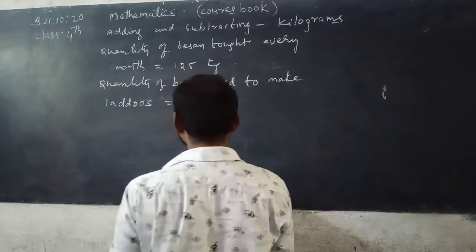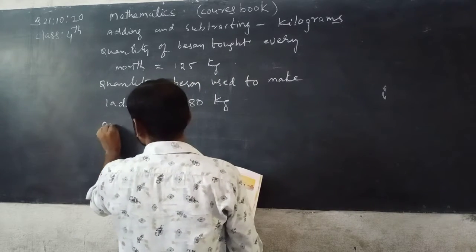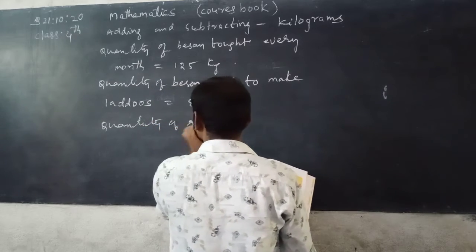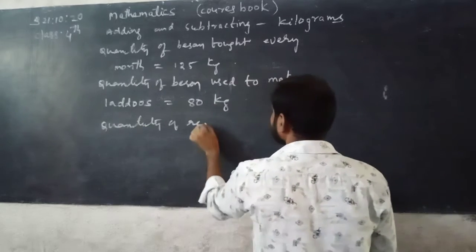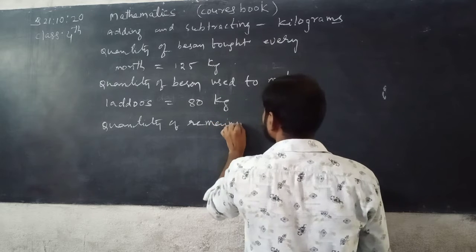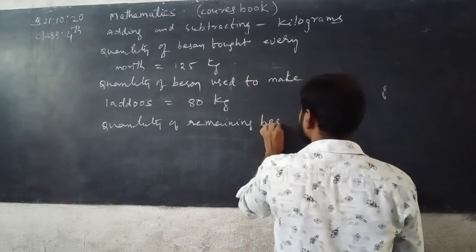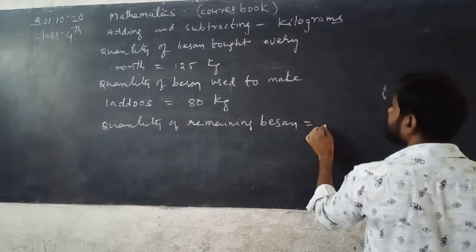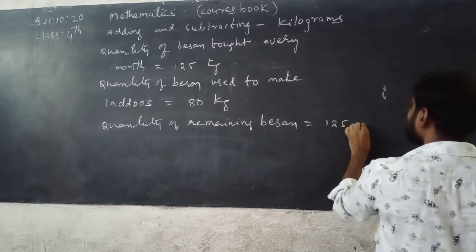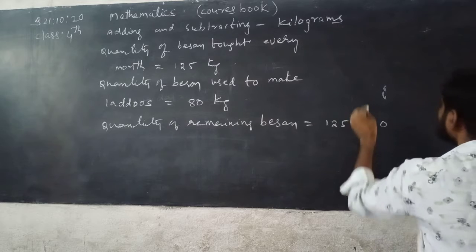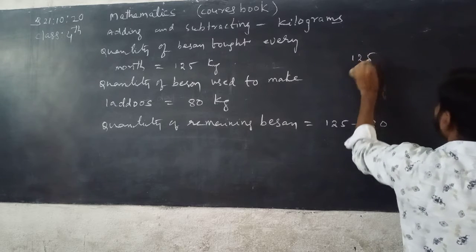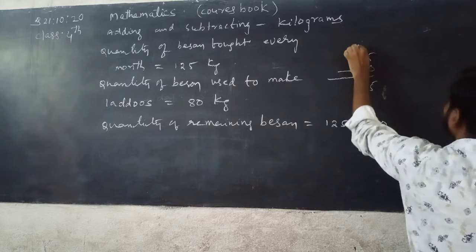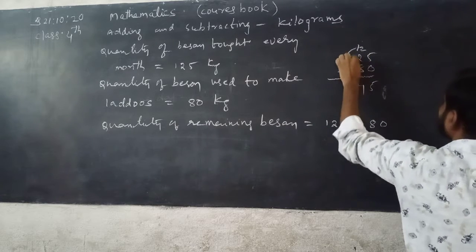Quantity of remaining besan is equal to 125 minus 80. 5 minus 0, 5. Borrowing, 12 minus 8, 4, cut it, 0.